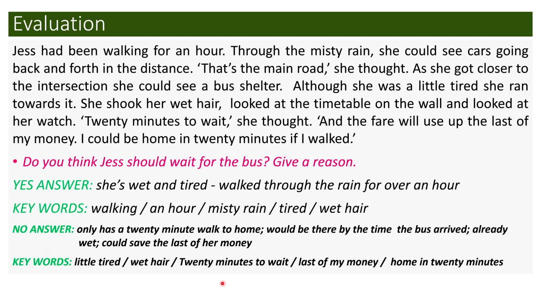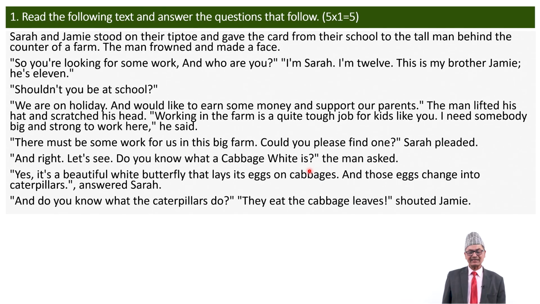So you can have the option for yes and no, and you decide. You give your logic. Evaluative questions do not have an exact answer. Based on the information given in the text, you decide and give a logic for your answer. Now let's look at the question model.